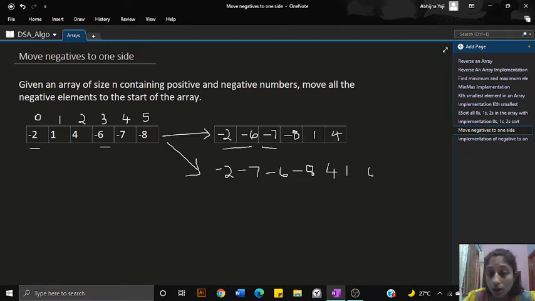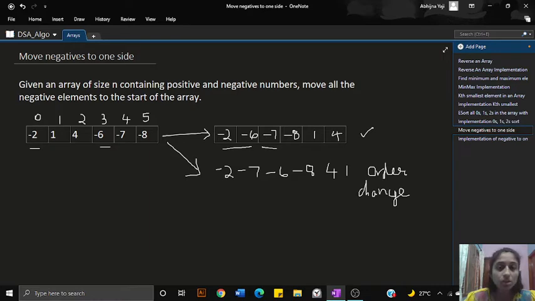Here the order is changed. Okay, forgive me for my bad handwriting. Here the order is retained.